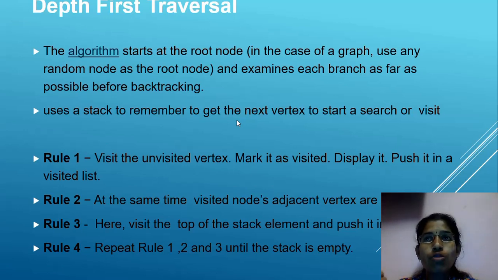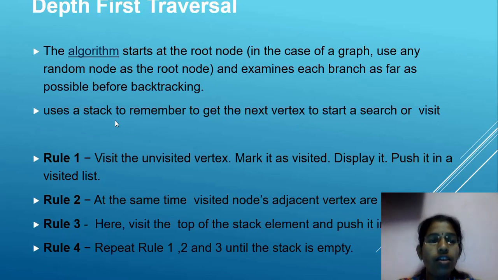From top to bottom we must visit all the nodes in the particular branch. We can implement DFS by using a stack data structure. The stack is used to store the adjacent nodes of visited nodes.